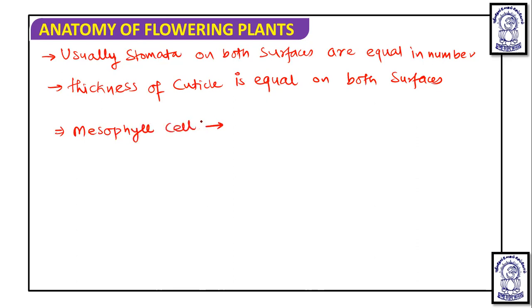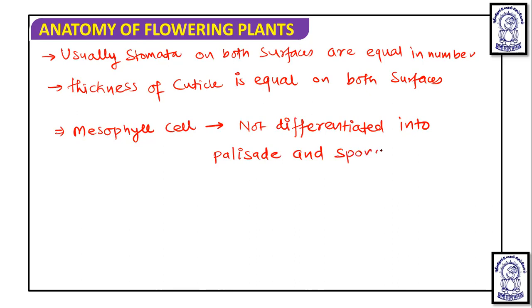These mesophyll cells are not differentiated into palisade and spongy mesophyll in the case of isobilateral leaves.